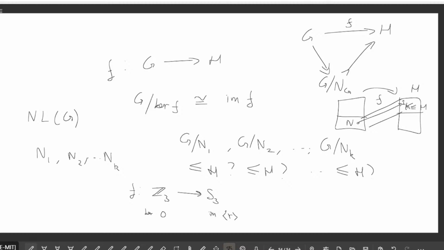So I want 0, 1, 2 mapping to 1, r, r squared. How many are there? The kernel is fixed, the image is fixed. How many are there? 2.